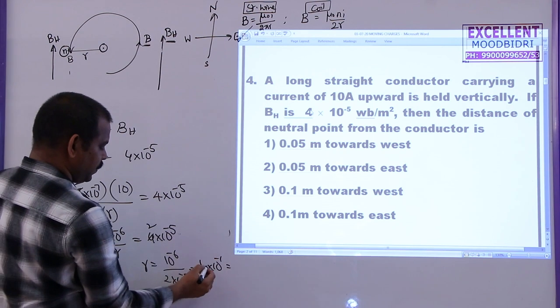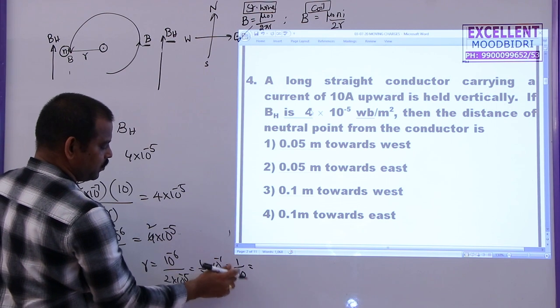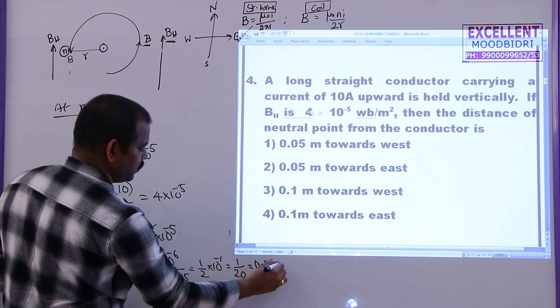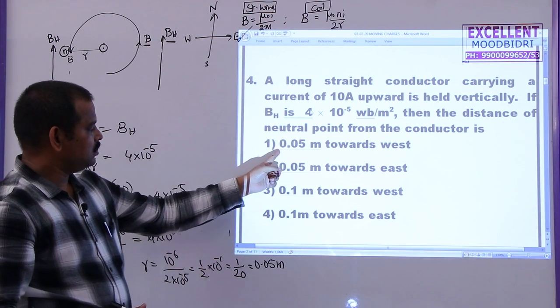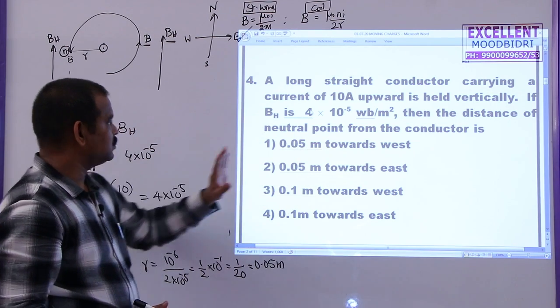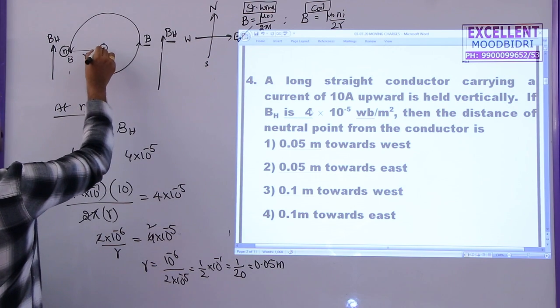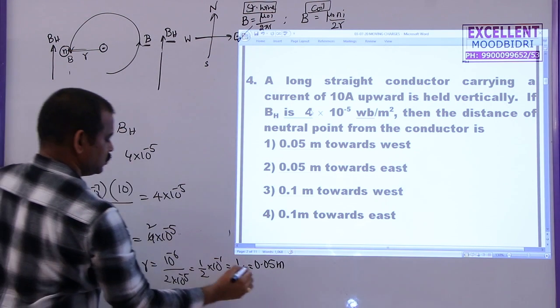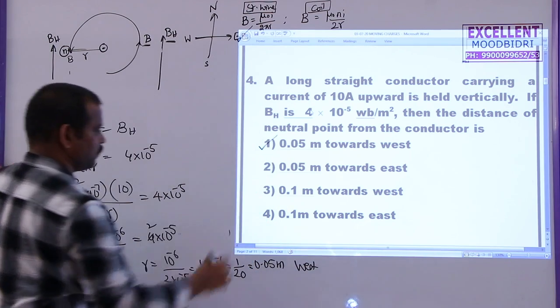So this will be 1 by 20; 1 by 2 is 0.5, so 1 by 20 is 0.05 meters. So the answer is 0.05, but if you see the options, it is 0.05 towards west or east. After observing this, it is west. From this conductor, this point is on the west side. So this is towards west, so the answer is 1.